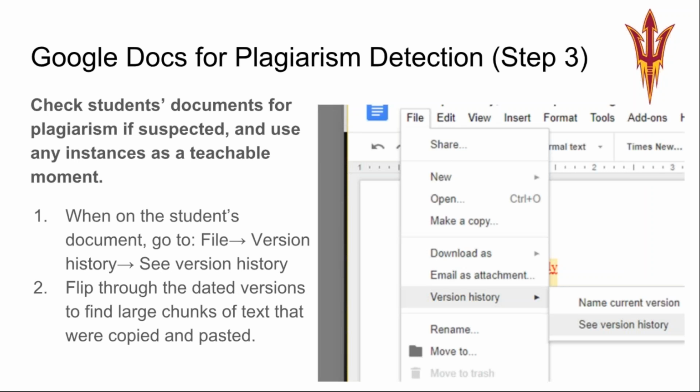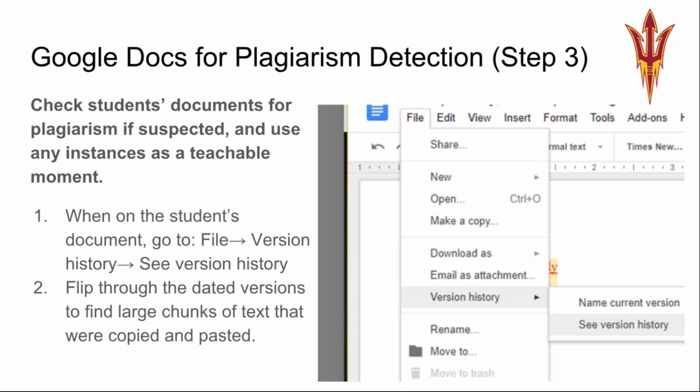So if you find that there's a little bit of inconsistency between a student's language or their writing, or you suspect that maybe they're not citing correctly because maybe they don't know, maybe it just never sunk in, right? If you do suspect plagiarism in your students' documents, you can check them with the version history function of Google Docs.